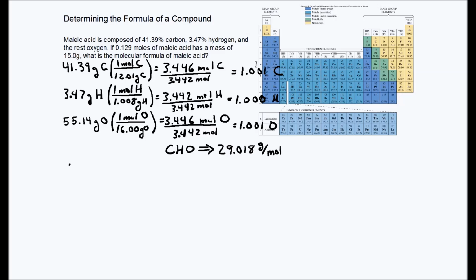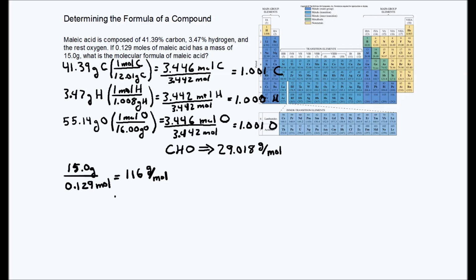So to find the molar mass of the actual compound, I take 15.0 grams and divide it by how many moles that is, 0.129 moles. And I get 15 divided by 0.129. I get a real molar mass of 116 grams per mole.